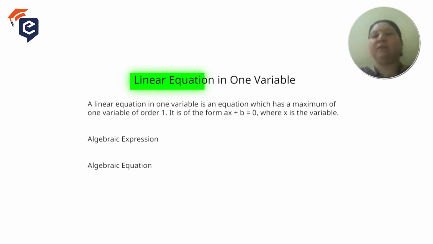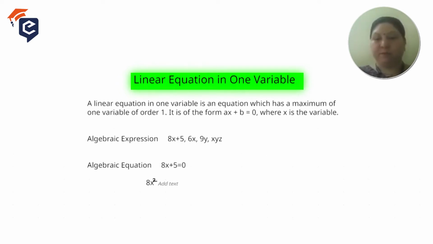Now let's see what a linear equation means. A linear equation in one variable is an equation which has a maximum of one variable of order 1. That means in whatever equation we have, the order of any variable is 1. If I take one more example, suppose 8x squared plus 5x plus 6 equals 5.